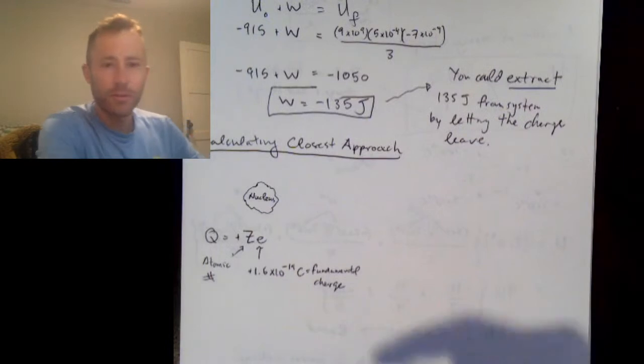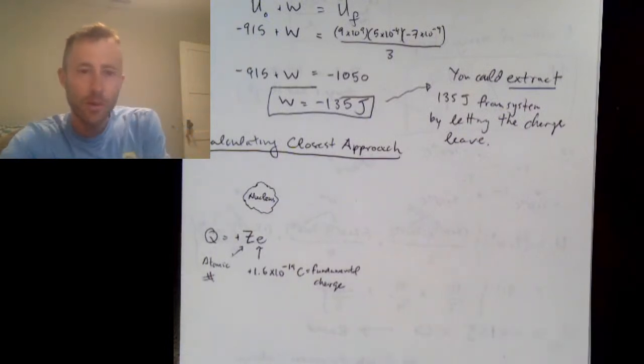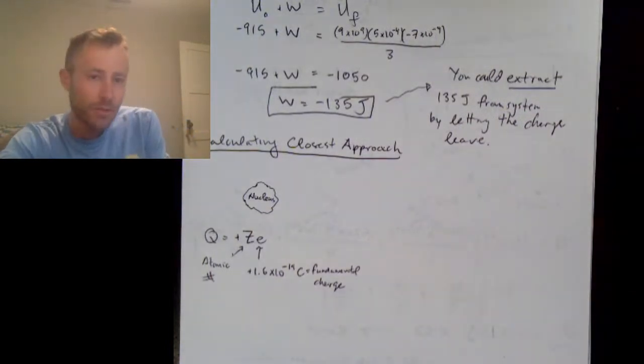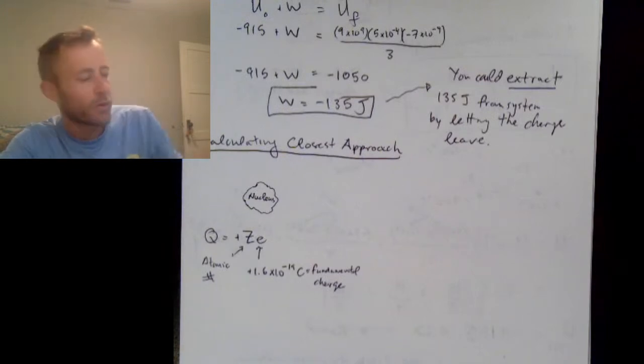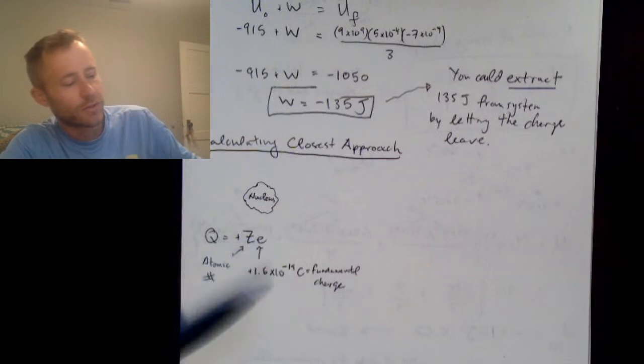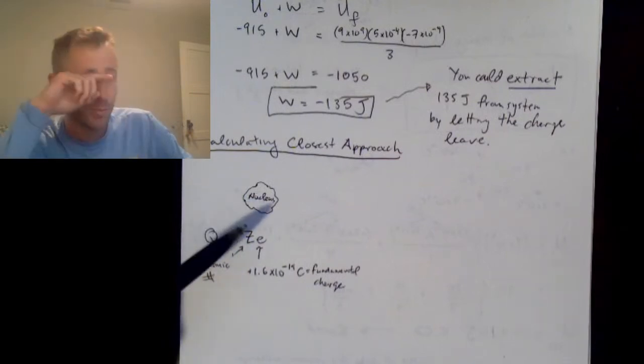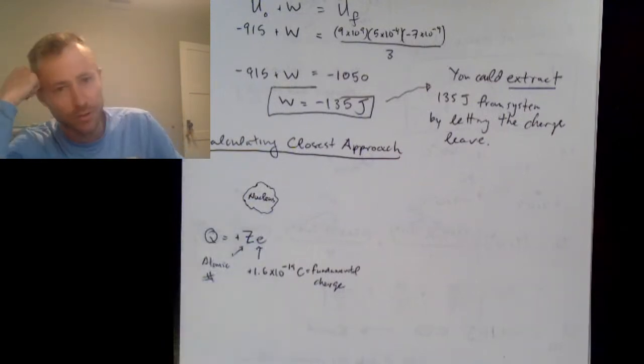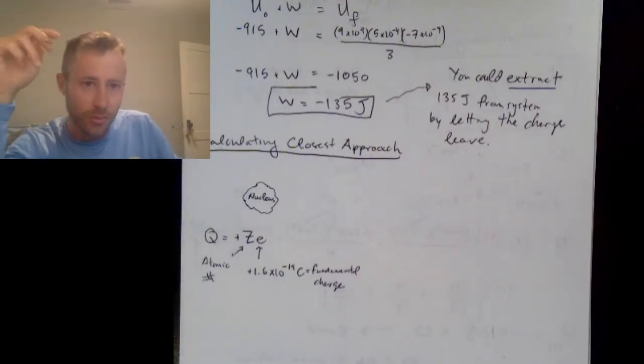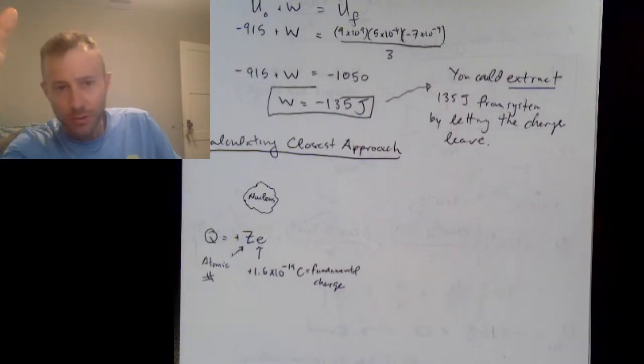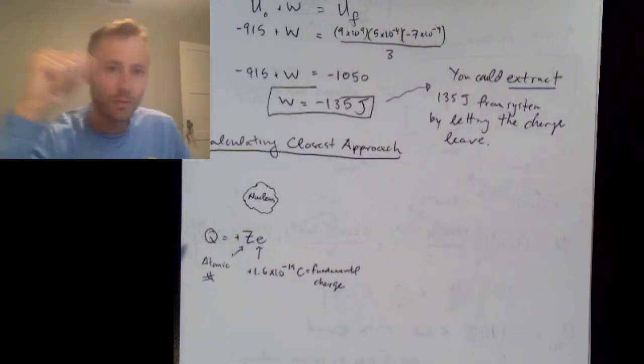For example, if we were talking about carbon, carbon is atomic number 6, and so the charge of its nucleus would be 6 times 1.6 times 10 to the minus 19, so 9.6 times 10 to the minus 19 coulombs, because there are 6 protons. There are also 6 neutrons, but they don't count towards the charge.